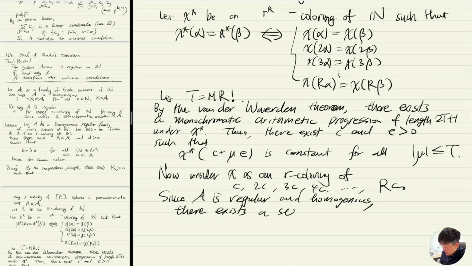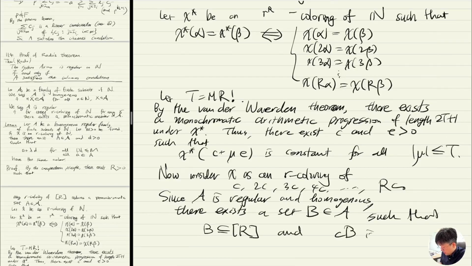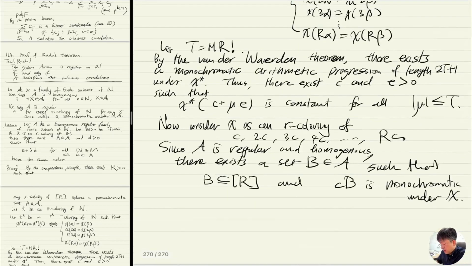a set B in A such that B is a subset of [r], and when I multiply by c, then this is monochromatic under chi.